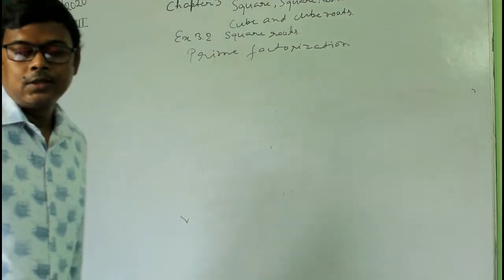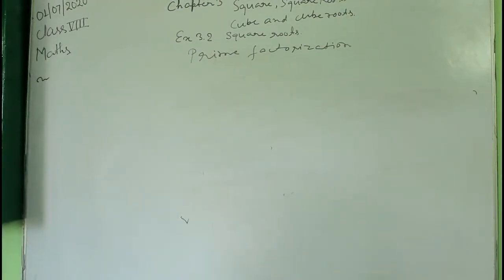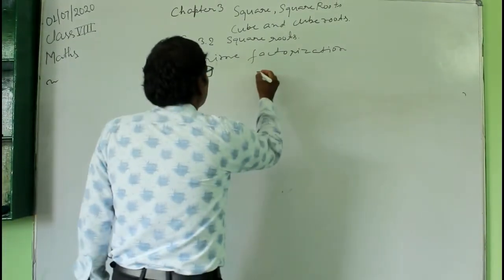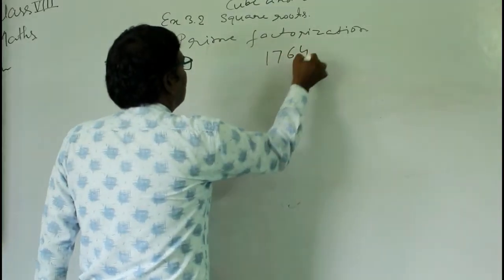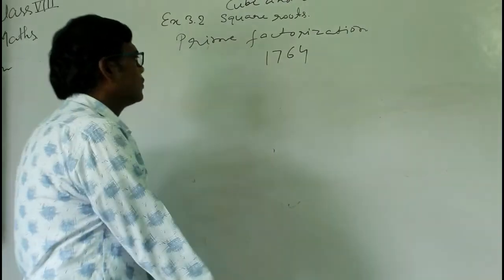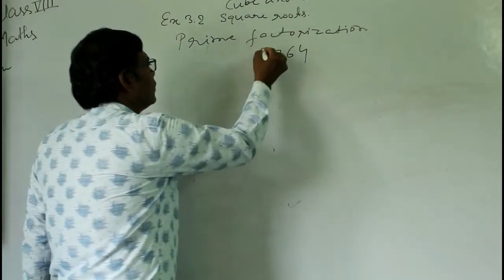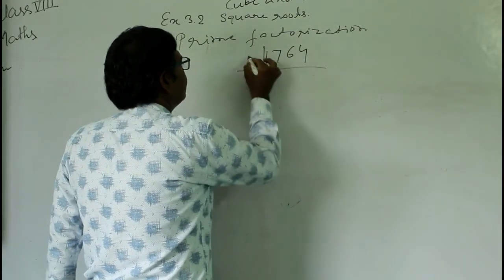For example, you have the number 1764, and we have to find the square root of this number. So first find the prime factors of this number.